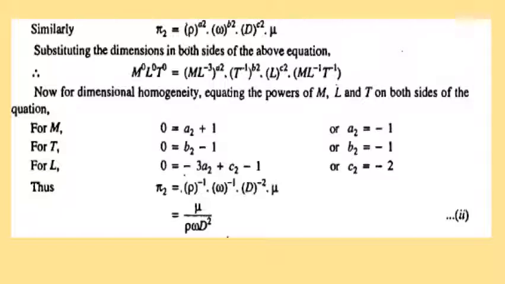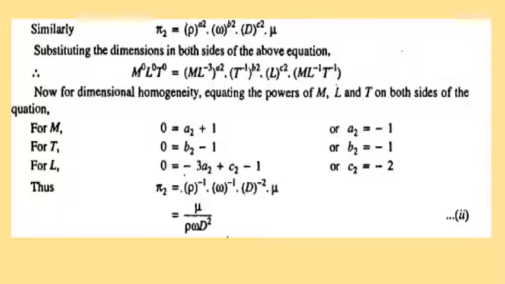Now substitute the dimensions of these repeating variables on both the left hand side as well as the right hand side. For the left hand side, the phi 2 we take as M0 L0 T0. On the right hand side, write the dimensions of density, angular velocity, diameter and dynamic viscosity.